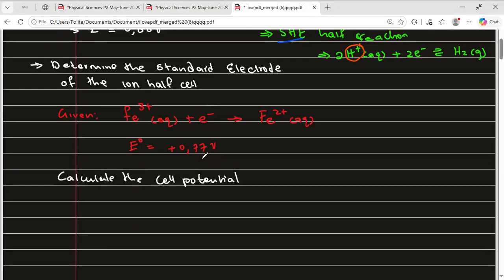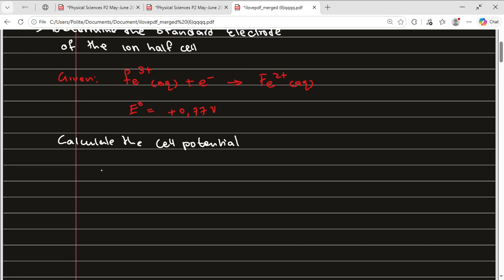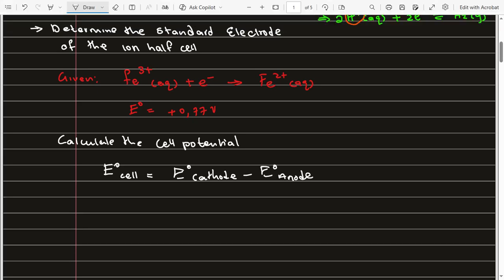So in this case, E of the cell equals the E for the cathode minus the E for the anode.